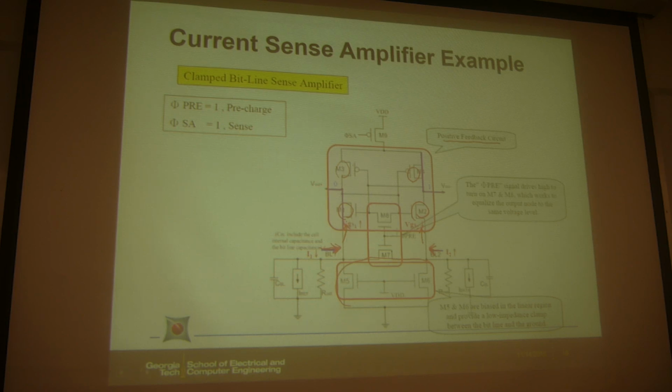So still depending on those two currents, input current, then those two voltages in this latch will be different. And then once you enable this latch by this sense amp enable signal, then those two will flip. So remember, for any latch-based sensing, you need to have this enable signal, right? So basically you need to make the latch in the metastable point without turning on the sense amp enable.